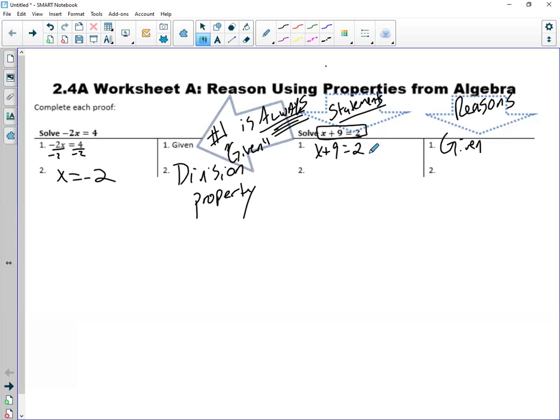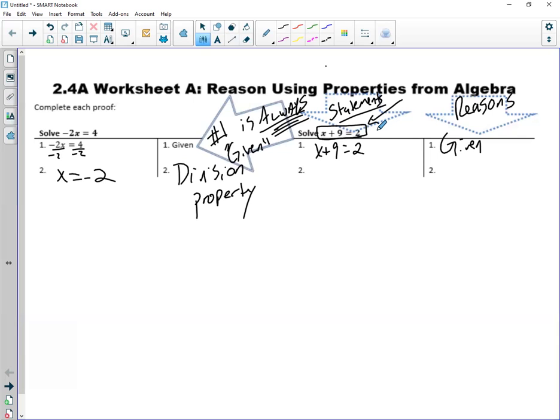The first row of your proof should be the easiest thing that you have ever done in a math class in your whole life. You rewrite whatever is given to you in number 1, and you write the word given in number 1. Number 1 on the left is what you are given, and number 1 on the right is the word given.